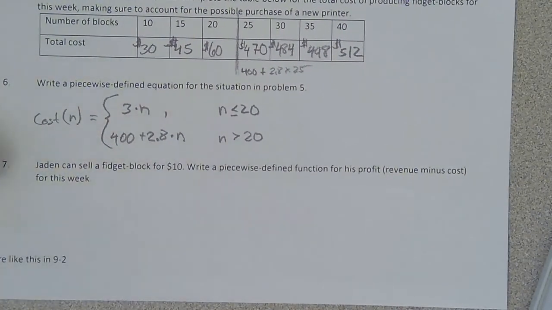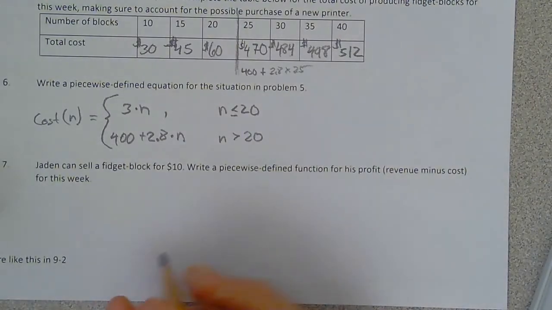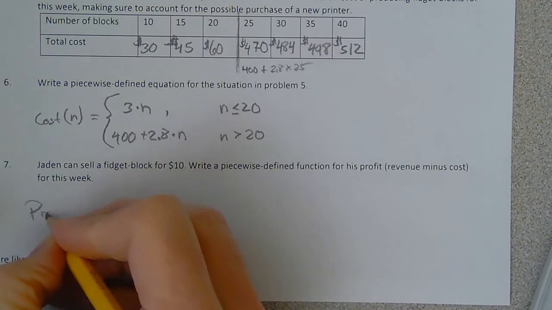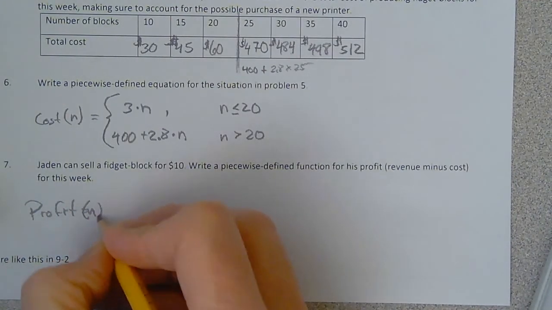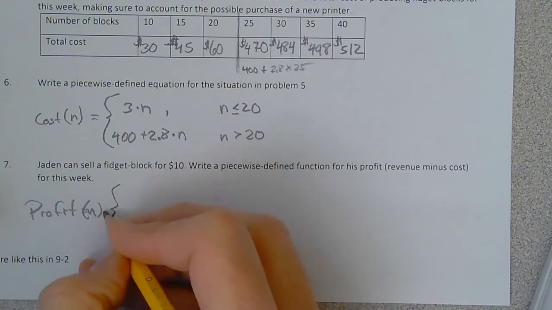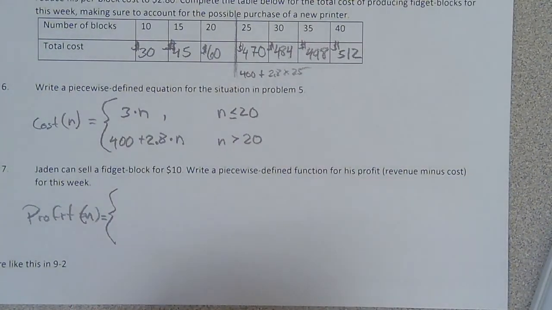Okay. So finally, Jaron can sell a fidget block for $10, write a piecewise defined function for his profit, the revenue minus the cost for this week. So his profit based on the number of blocks that he makes and sells.